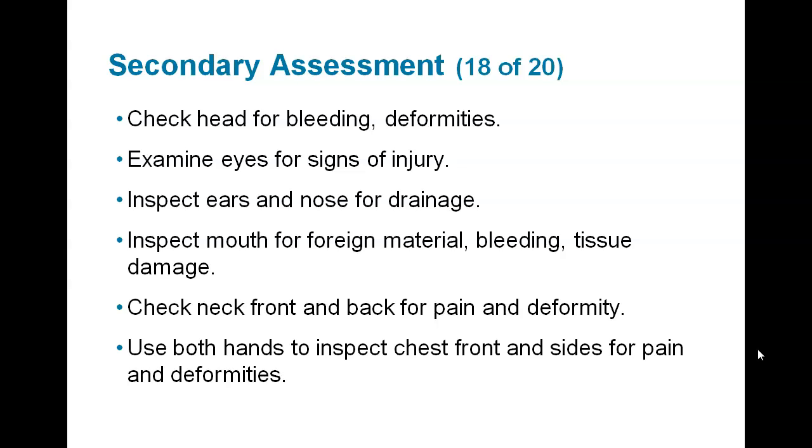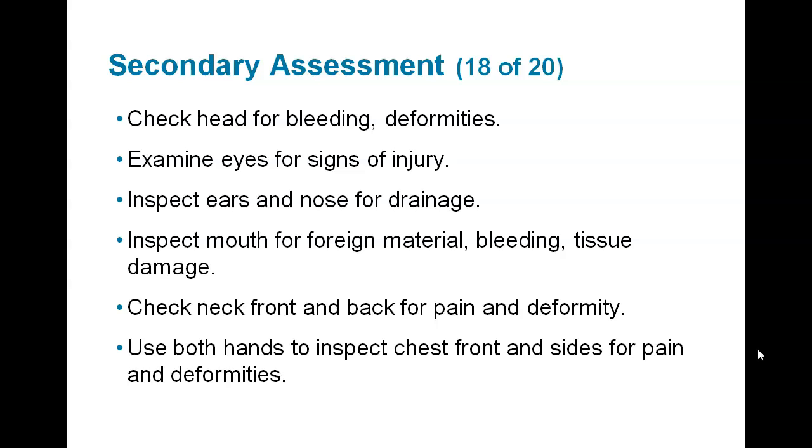All right, the hands on the chest. So you're going to inspect the chest. You're obviously going to check the sides for pain and deformities, but you're going to put both hands on top of the chest, and you're going to check for equal expansion. If you see paradoxical movement, which is basically whenever they breathe, one side does not rise, or it looks like one side is maybe floating, that can be a sign of flail chest.